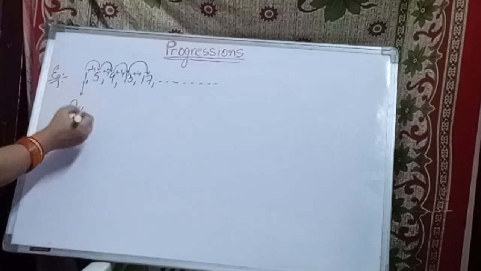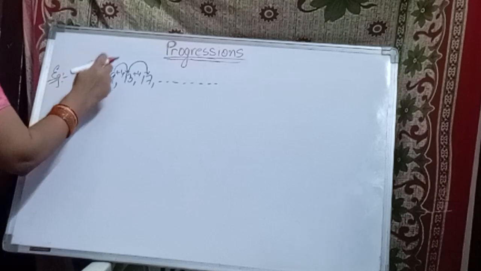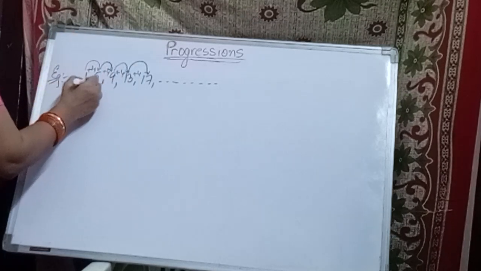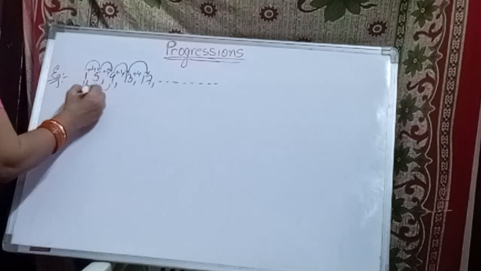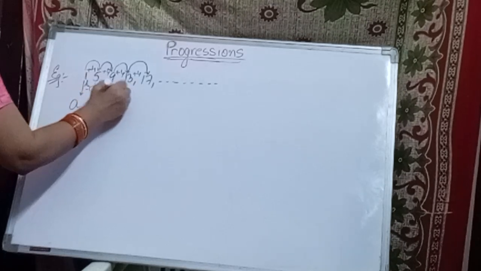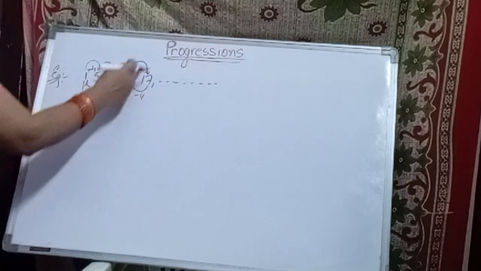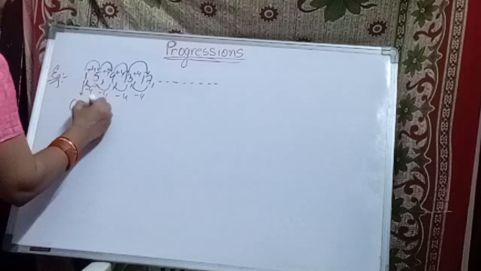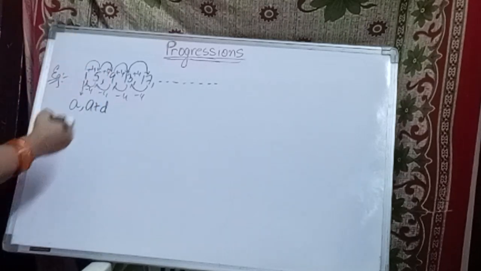Right? So this is the common difference. The difference is nothing but this: plus 4, plus 4, plus 4, plus 4. So each is common. So what can you write? A, comma, A plus D. Here what is D?